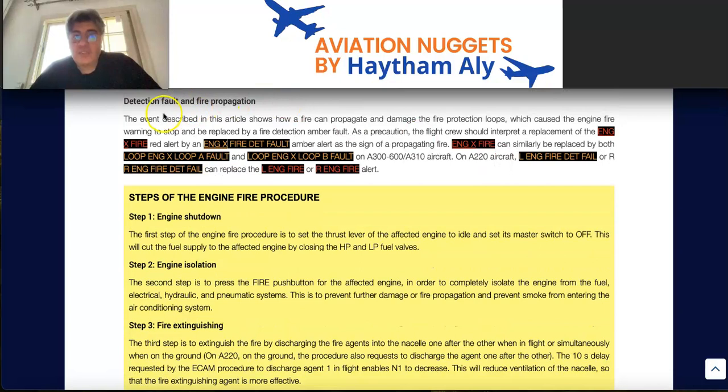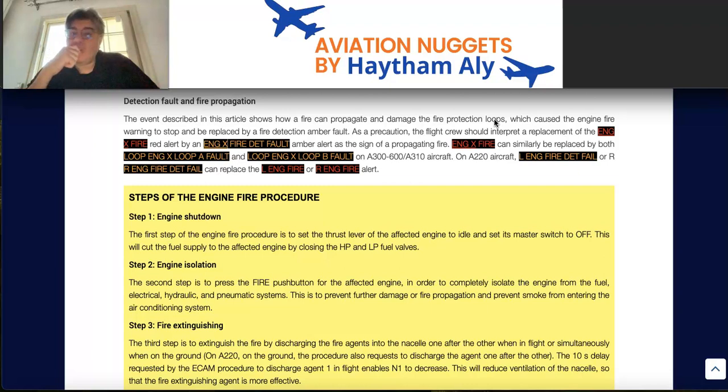Detection, fault, and fire propagation. The event described in this article shows how a fire can propagate and damage the fire protection loops. Due to the delay of the engine fire procedure, the fire allowed both fire detector loops to become faulty.